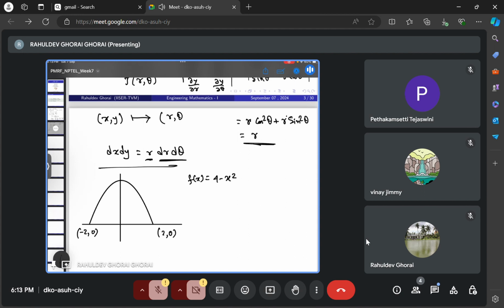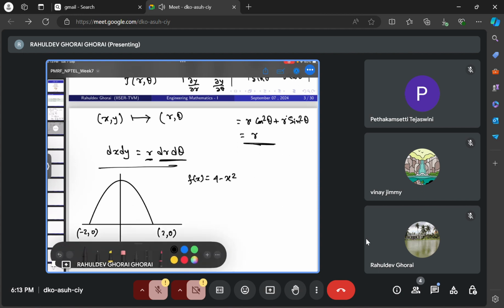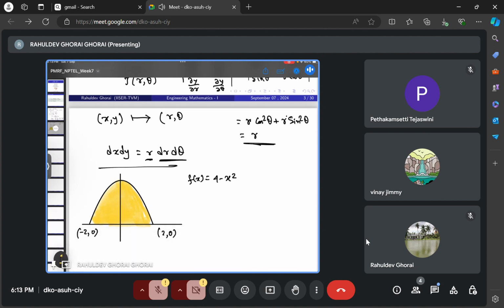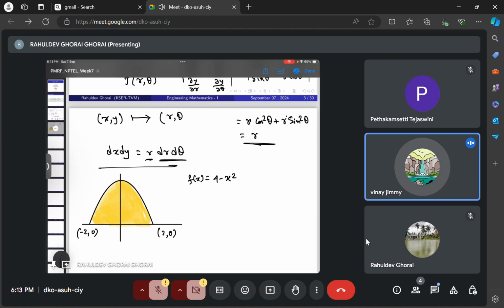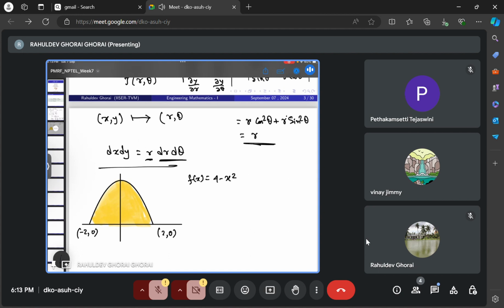How do we determine the area of this portion? I mean this portion. How do you determine it? Anyone?